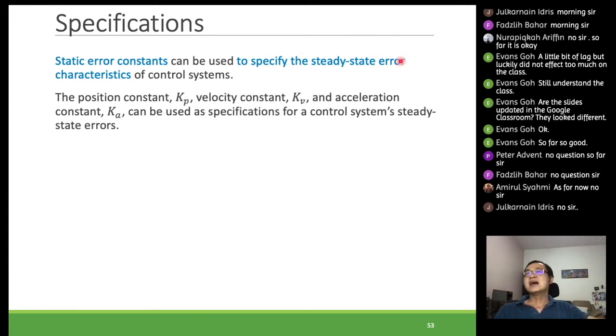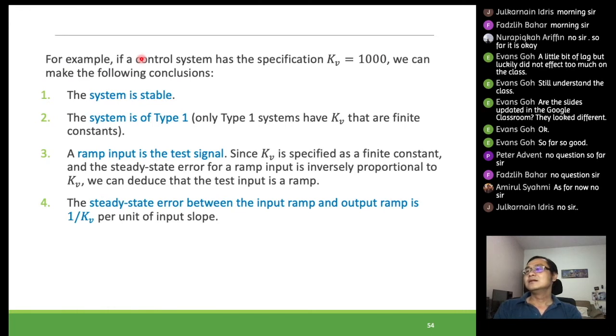That's why I mentioned previously that in some control systems, they will write Ka, Kv, Kp for you, and that tells you the specifications of that particular system that you have to deal with or have bought in. So this is the specifications of your system itself.